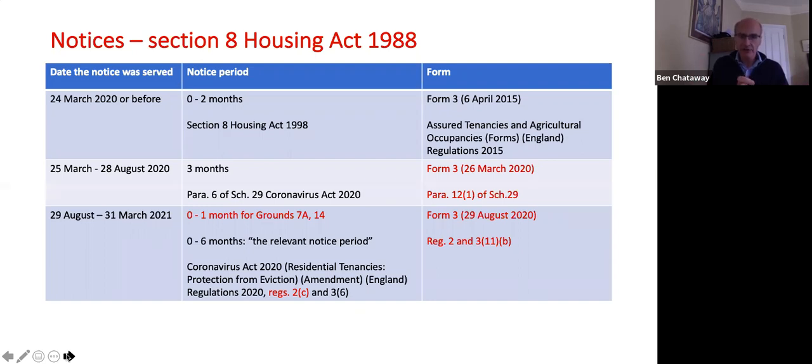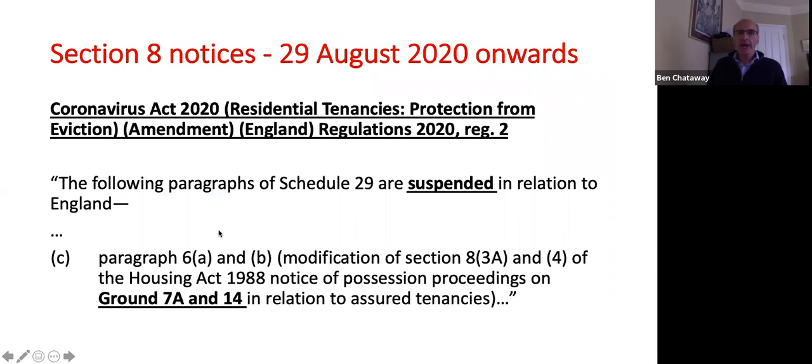For the period August 2020 to March 2021, that queries what the current rules are for a notice period for antisocial behaviour claims, in other words, notices based on ground 7A and ground 14. So here's the issue. We're looking back at these regulations that change the notice period from August.